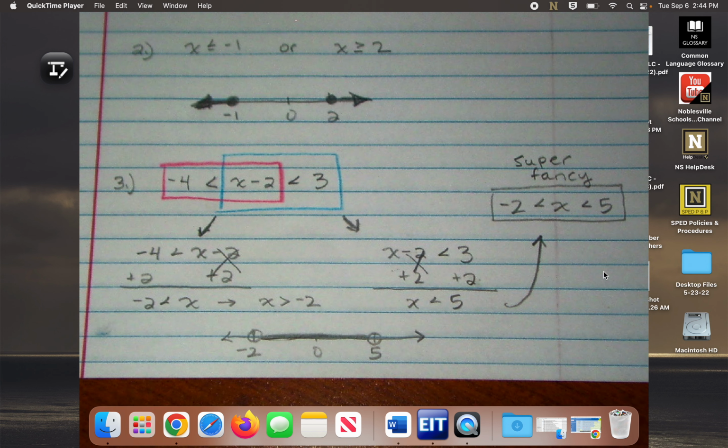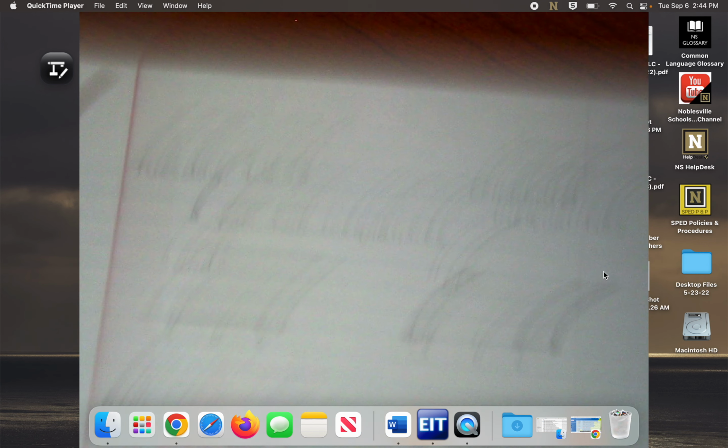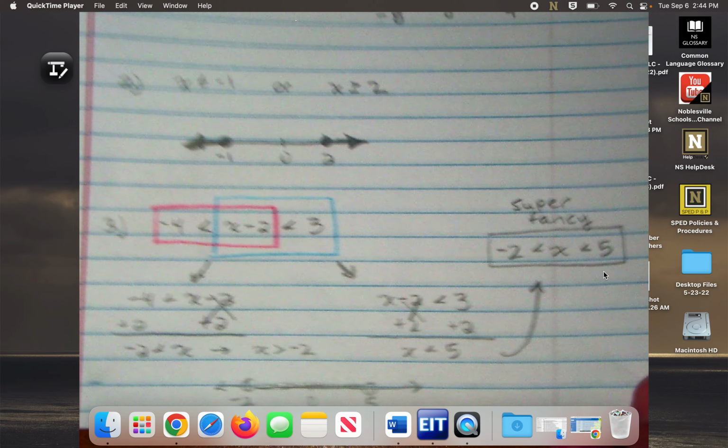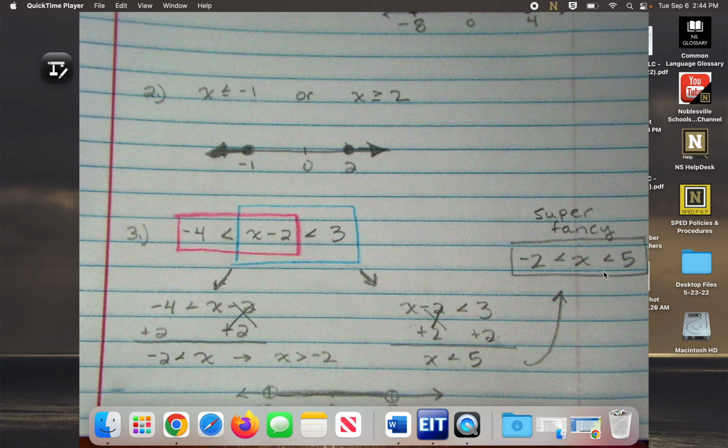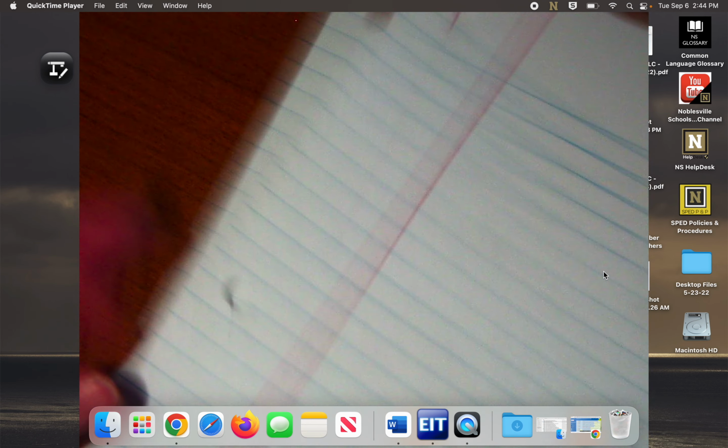Okay, as you can see, I've run out of room, so I'm going to go on to my next page. We just have a couple more examples. Is anybody still working on this? Caleb, you can get another piece of paper.